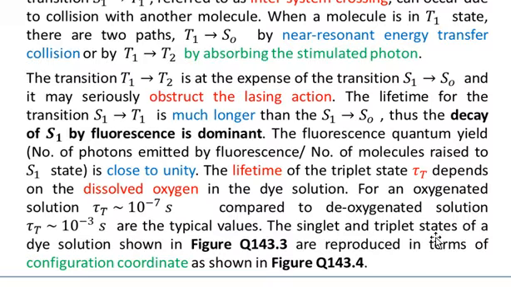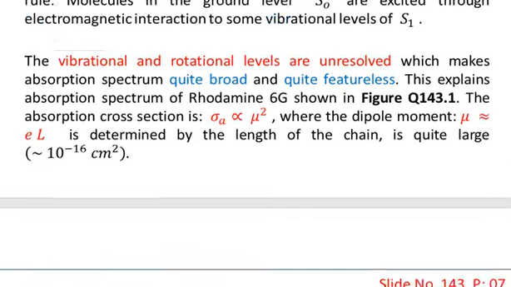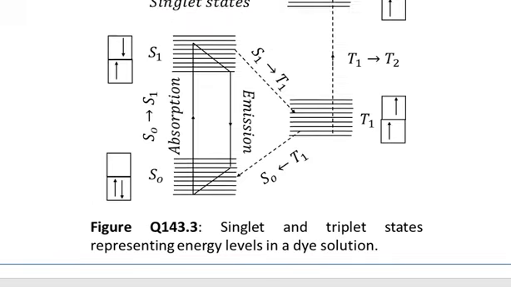The singlet and triplet states of a dye solution shown in figure number 3 are reproduced in terms of the configuration coordinate as shown in figure number 4. Let me show you figure number 3. This is figure number 3.